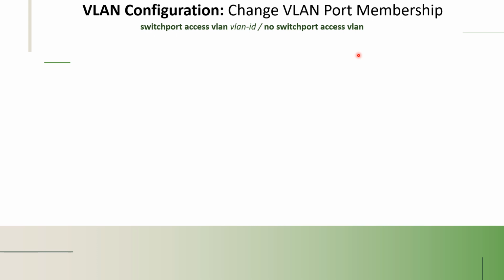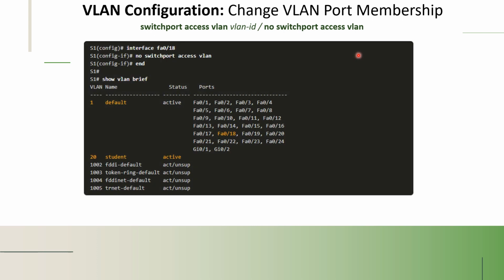If you change the membership and you don't want the port to be in that VLAN, by using no switchport access vlan, the port will automatically go back to the default VLAN. Here is an example for FastEthernet 0/18, which is configured to be on the default VLAN, as shown by the show vlan command.